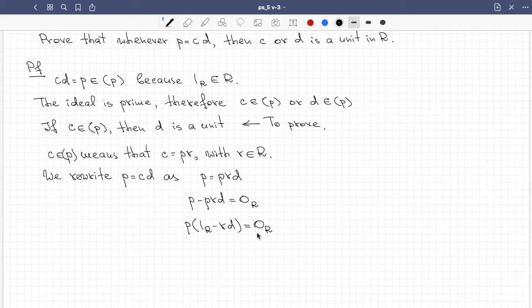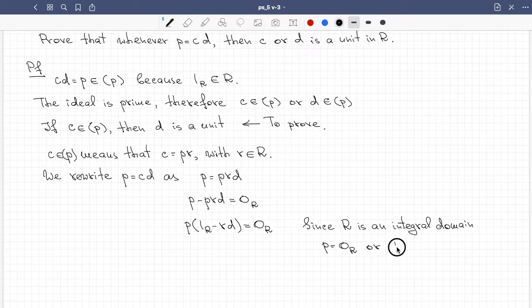A product is 0 in an integral domain, since R is an integral domain. We have that P is 0 or 1 minus RD is 0.